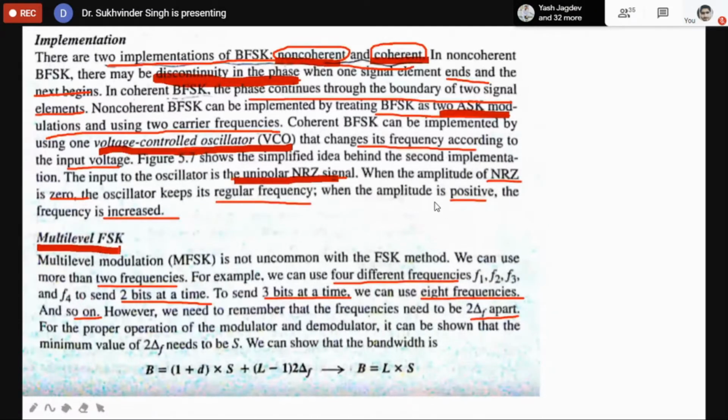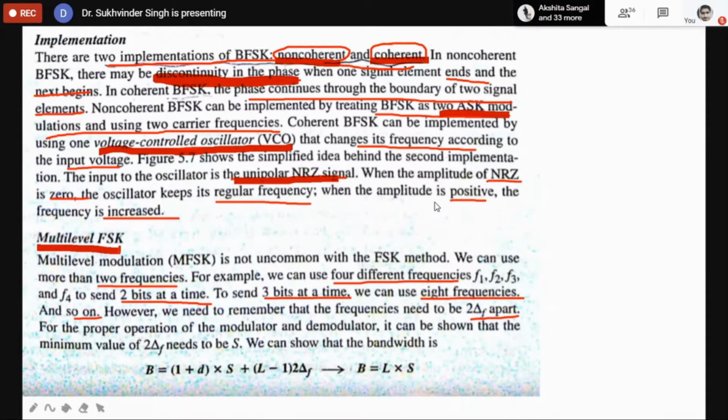Because you know the 2 bits mean 0 and 1, and there are 4 possible combinations, as in the digital electronics of your lower semester. You must have studied about the adder, subtractor, etc. So these 2 bits have 4 possible combinations: 00, 01, 10, and 11. So there must be 4 different frequencies to represent 2 bits at a time.